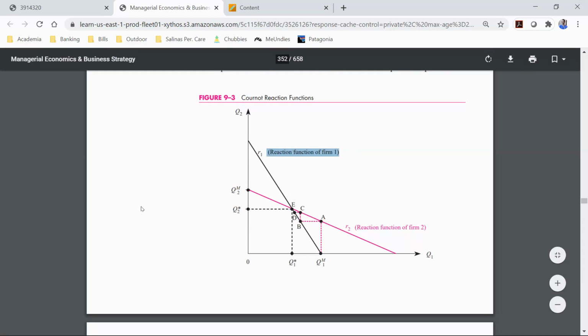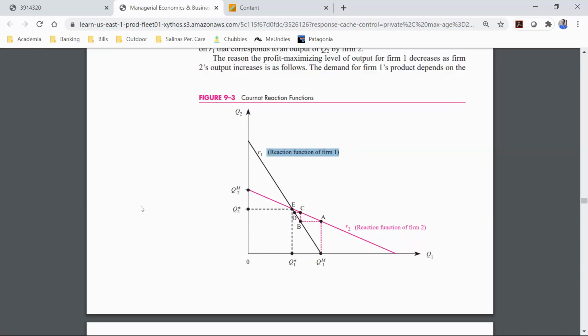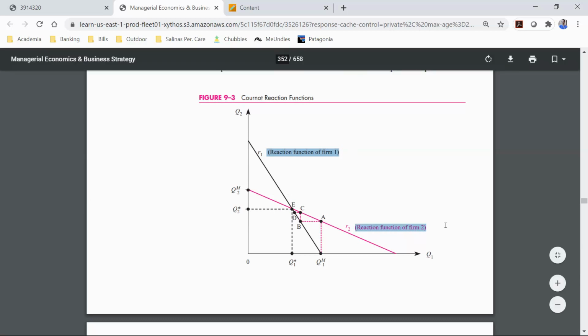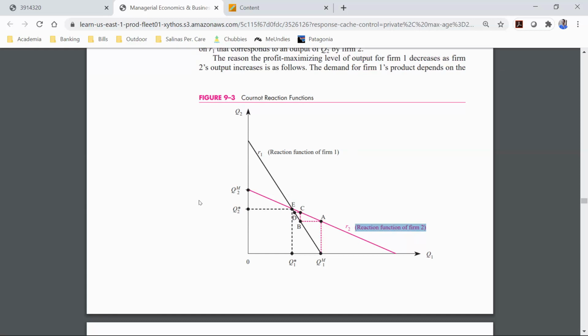So that's what that firm would choose based on the other firm's output, and this is the reaction function of firm 2, based on firm 1's output. Okay, and what you see is because both these firms essentially split the market, they're going to choose basically the same level of output, but it's going to depend on their cost structure.